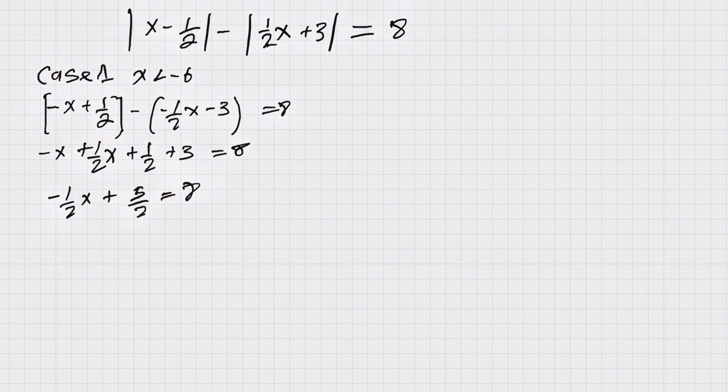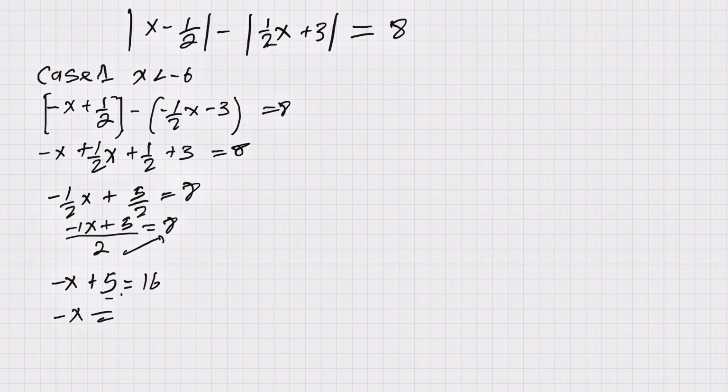So the LCM here can be 2. So 2 divided by 2 is 1. 1 times negative 1 is negative 1 x. So plus 5 is equal to 8. And you see that negative x plus 5 is equal to 16 because we multiply by 2. And it also means that negative x is equal to 16 minus 5.